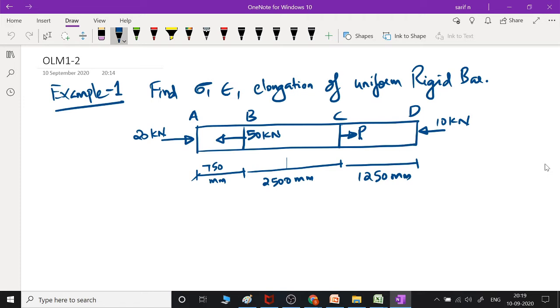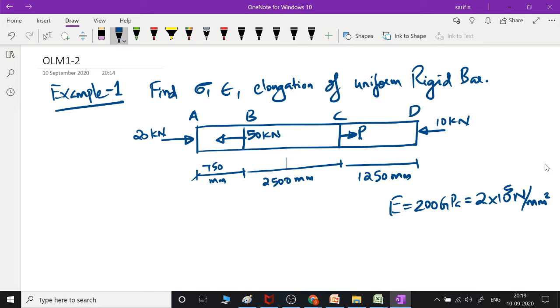Now the other details that are given are the Young's modulus E equals 200 gigapascal, that is 2 into 10 raised to 5 Newton per mm square. That is one detail that is given. Another thing is the diameter of the bar, given as 32 mm.